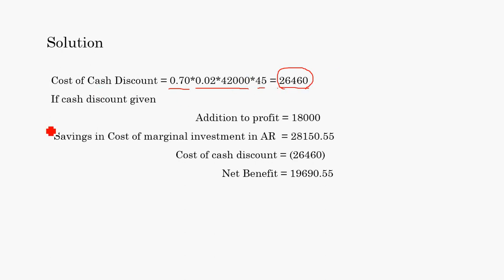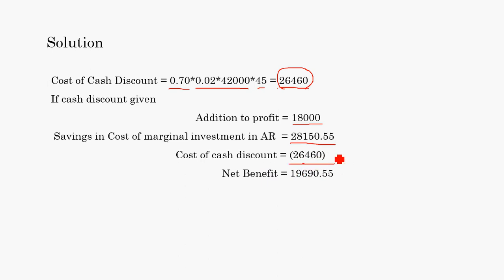Now let's look at the net effect of it. The addition to profit was 18,000, and the savings in the investment held up in AR is 28,150.55. Now the cost of cash discount is 26,460.